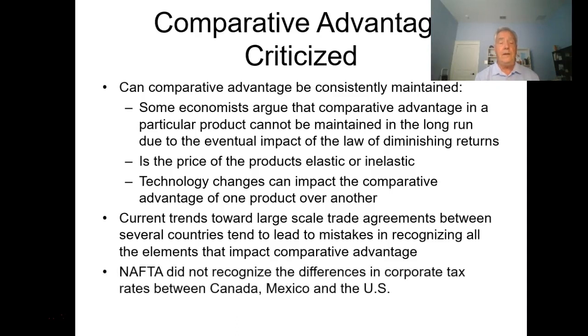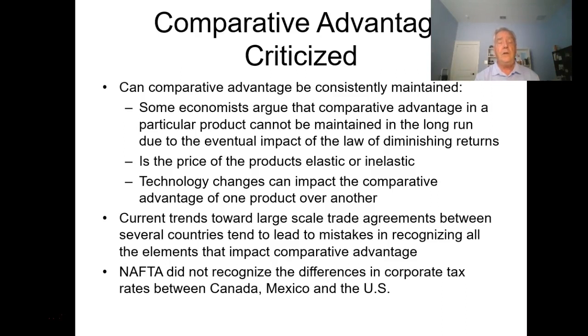All right, NAFTA, a lot of talk about NAFTA now. They're in renegotiation of the NAFTA treaty, trying to settle some differences between Canada, Mexico, and the US. We know, of course, Mexico has a lot lower labor rate. Canada probably doesn't, but Mexico certainly does. But then you look at another concept, and that is the chart I showed you on corporate tax rates.